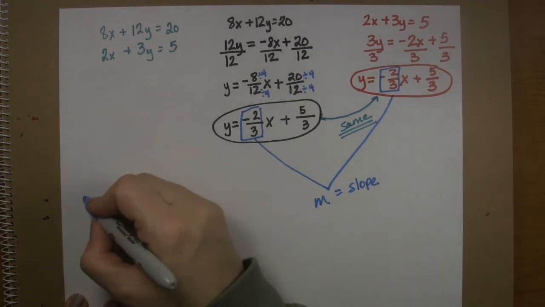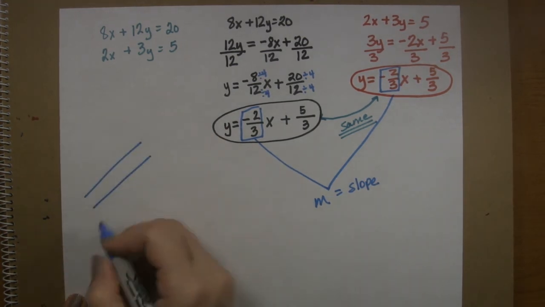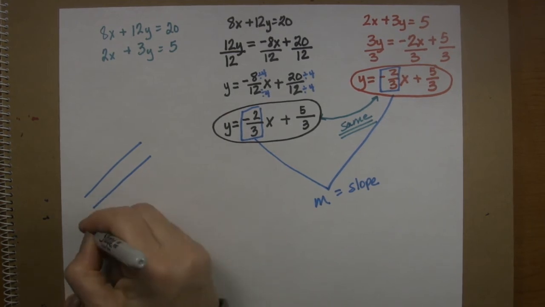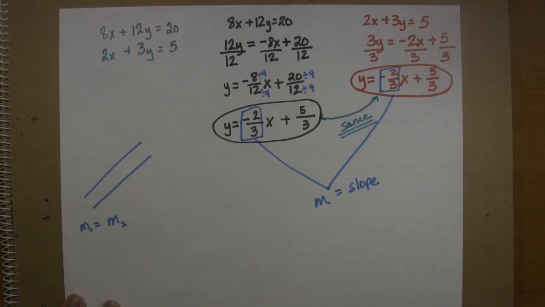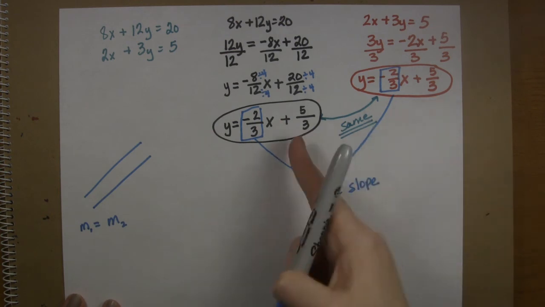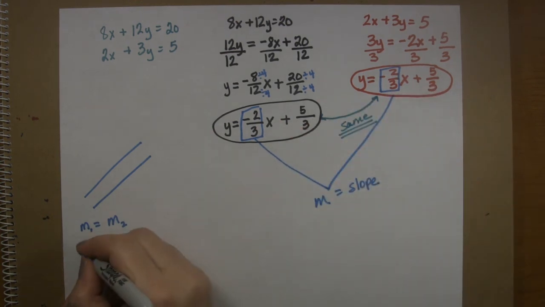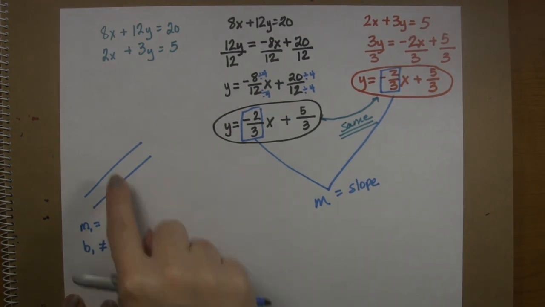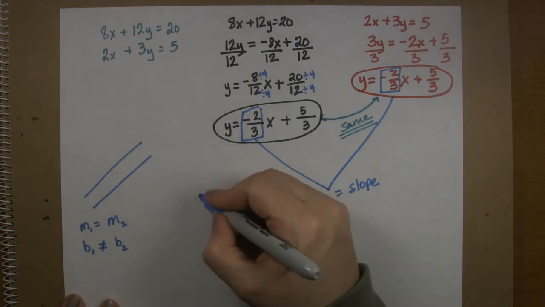So you would have parallel lines if m's are the same. M of the first equation equals m of the second equation, but your y-intercepts do not equal. So b sub 1 does not equal b sub 2. That gives you parallel lines.